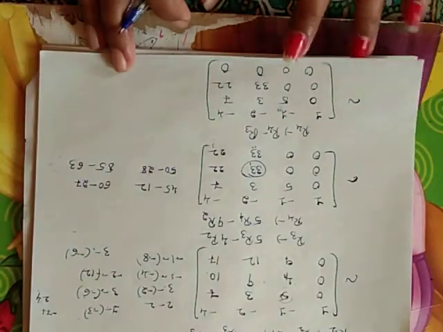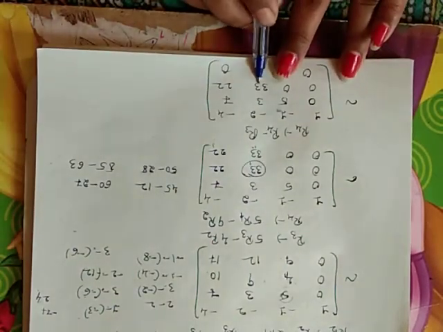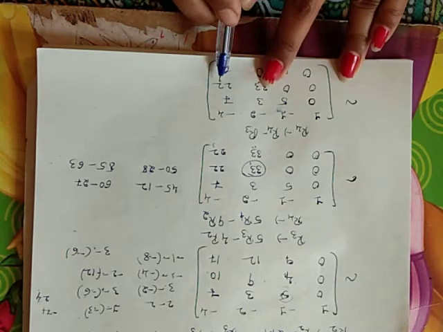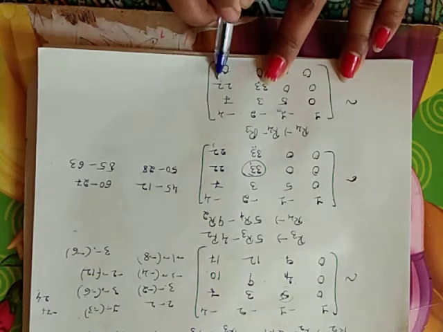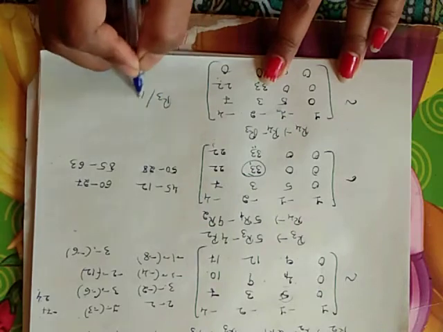Now here it is 33, here it is 22. Divide R3 by 11.